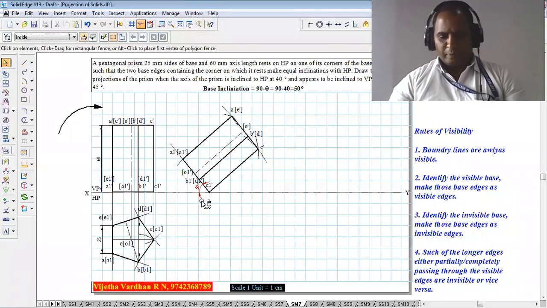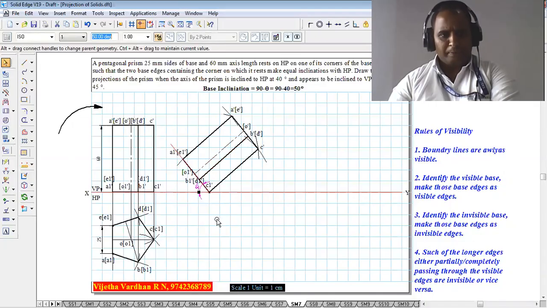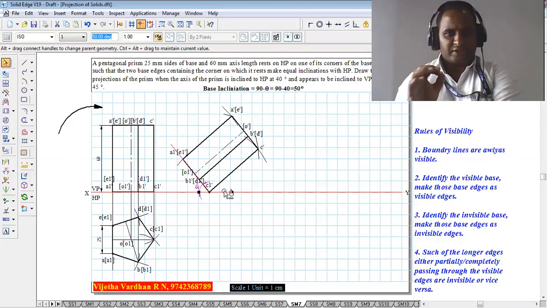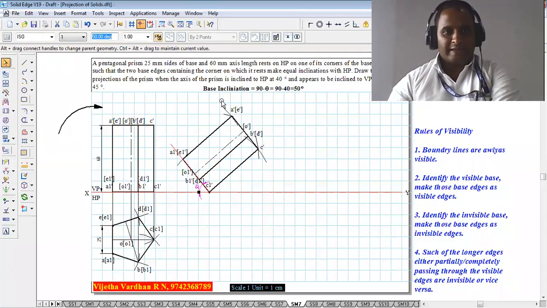Then in your booklets, while doing the manual drawing, make sure that this 50 degree is the constructional angle, but the axis representation is given in the question. Henceforth, I am going to delete this dimension.